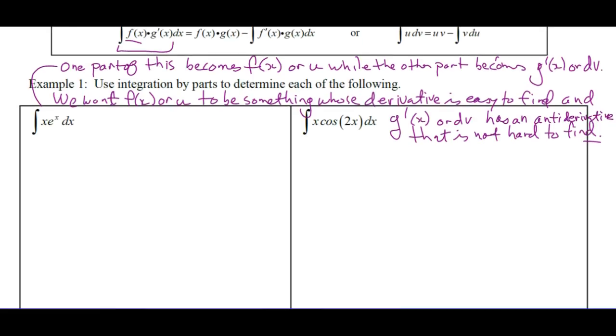Okay, so here's how we start off here. Say which function, okay, so we've got x and e to the x. Which one's got a derivative that's easy to find? X, okay? So we're going to say u is equal to x, which means that du is equal to what? So what's the derivative here? 1, so it's just 1 dx, right? So du is equal to dx.